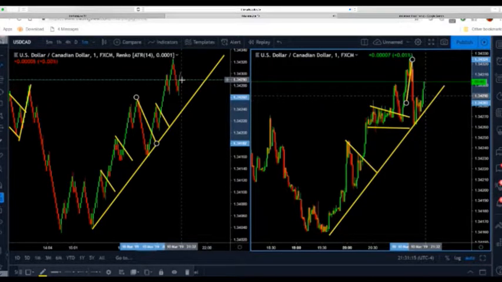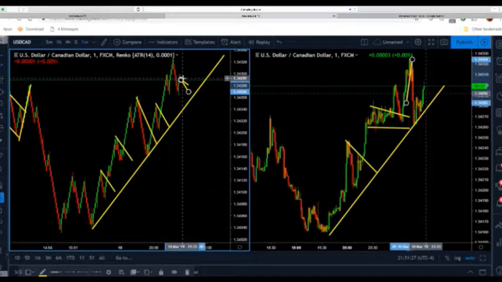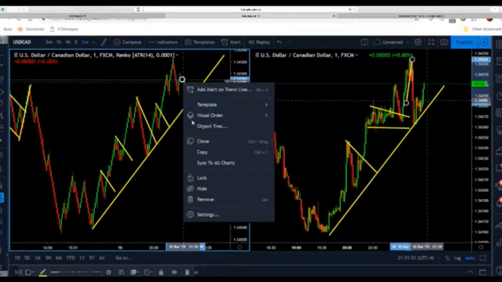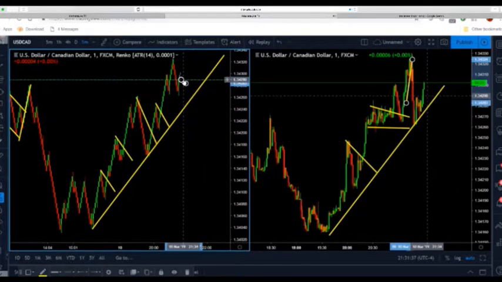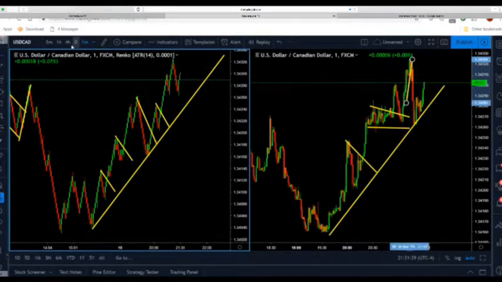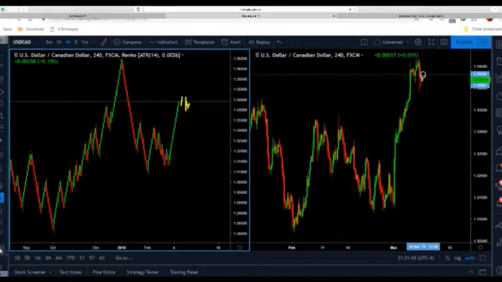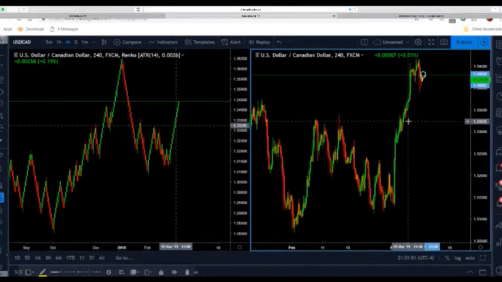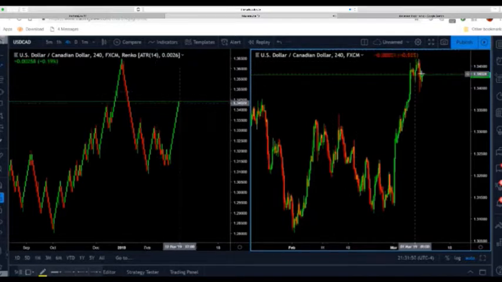One little drawback about Renkos is you have to be patient. These bricks do not form every other second like candlesticks do. They literally take time. For those who trade Renkos, if you're trading on the 1 hour or the 4 hour, it's going to be a while before you actually see a Renko brick form. If I go on the 4 hour time frame, check this out. This is the 4 hour on USD CAD.